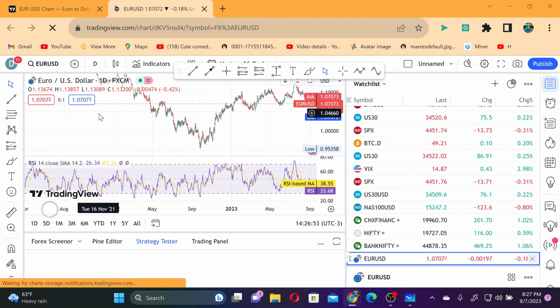There's this center line over here, which shows you that when the market is on the upper line here, you'll be looking for a selling point, and when it's on this downside, we'll be looking for a buying position.